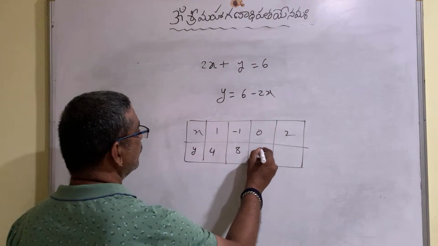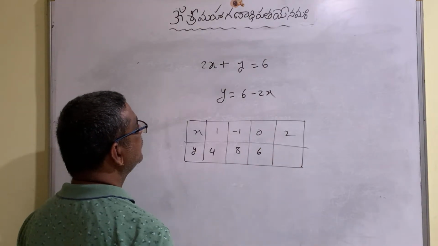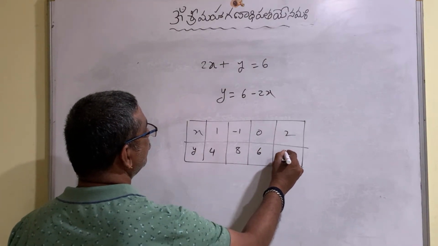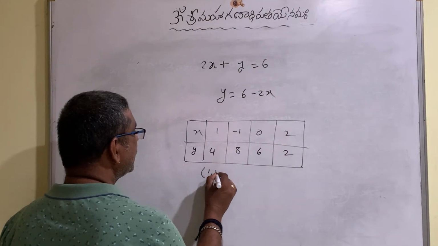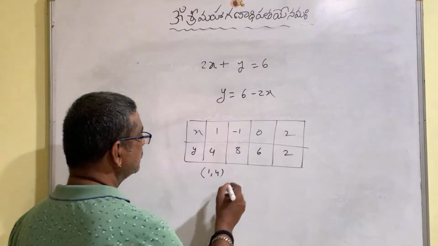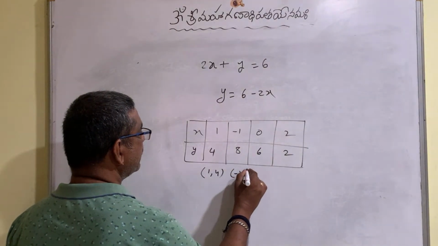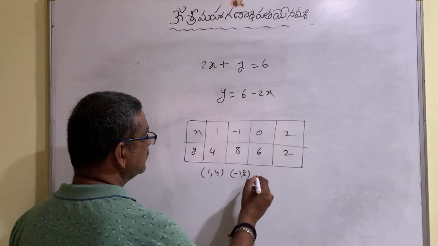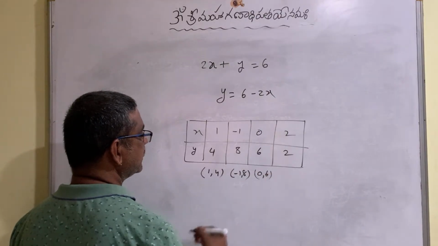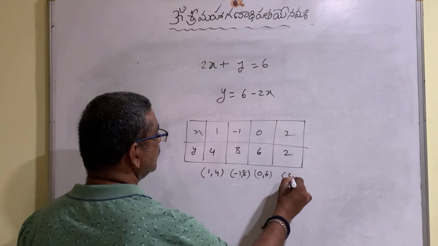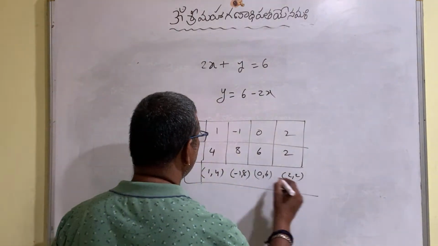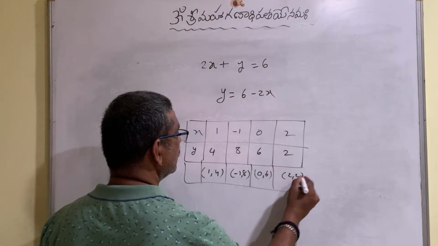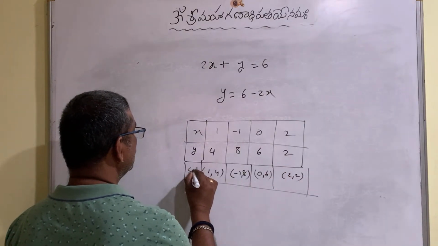If x is 0, y is 6. If x is 2, y will be 2. So here (1, 4) is one solution, (-1, 8) is another solution, (0, 6) is another solution, (2, 2) is another solution.